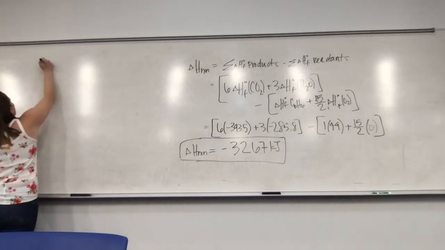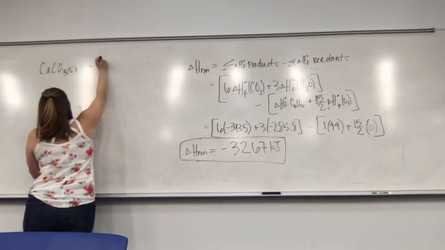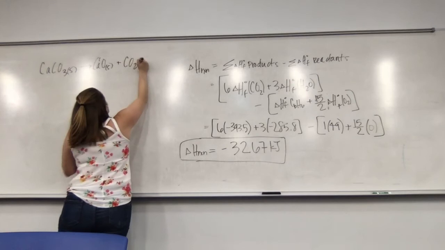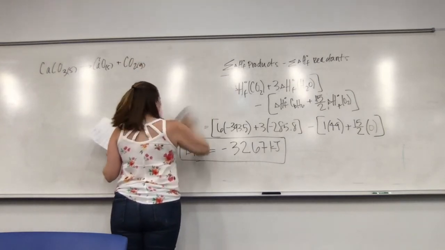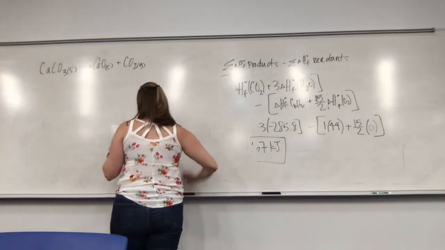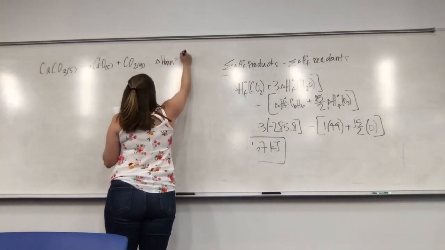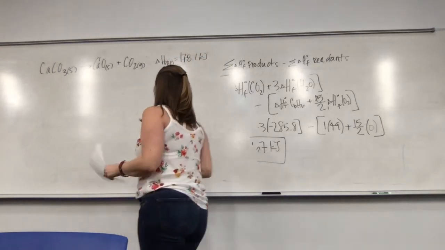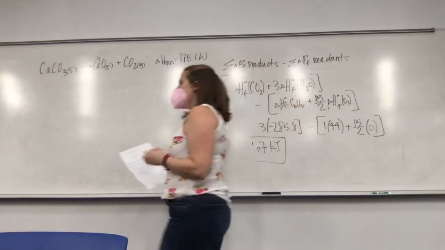So we know that calcium carbonate solid decomposes into calcium oxide plus CO2 gas. We know that delta H reaction equals 178.1 kilojoules. So we're asked to determine what the heat of formation for calcium carbonate is.